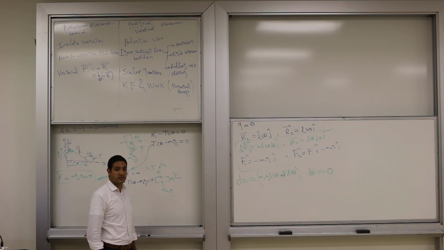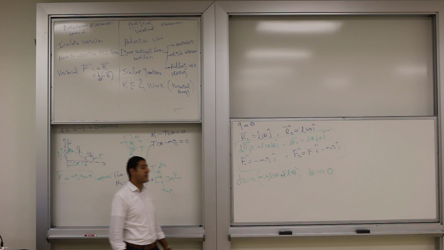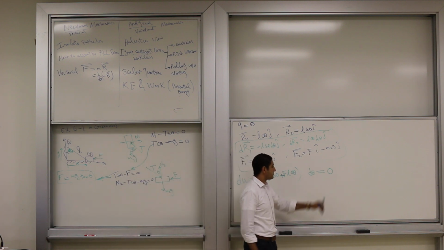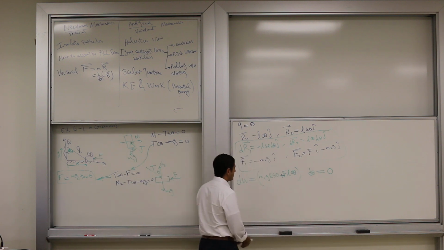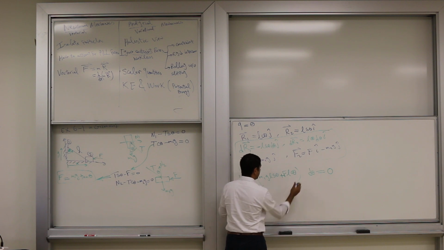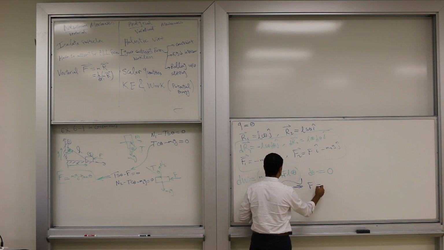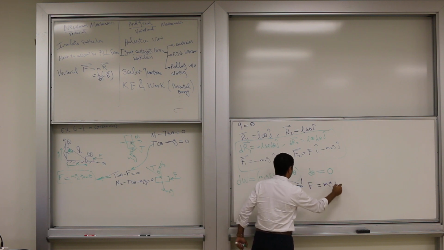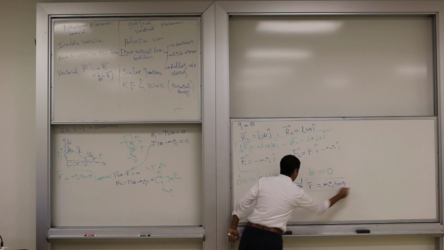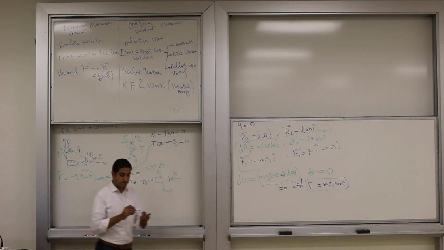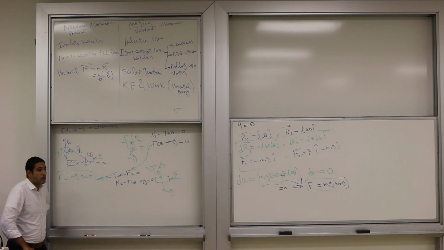This is the equation. This is our meat. And this is 0 for any d theta. So in particular, this guy is 0, giving you directly your force, which is m1g tan theta. Okay? So this is how we apply the principle of virtual work.